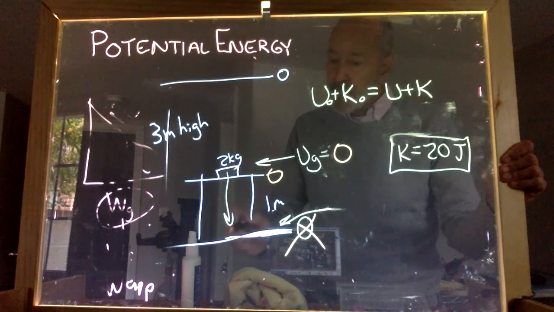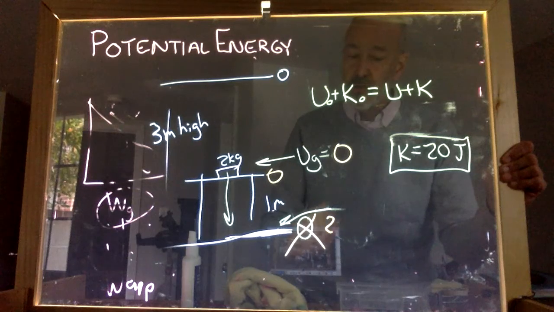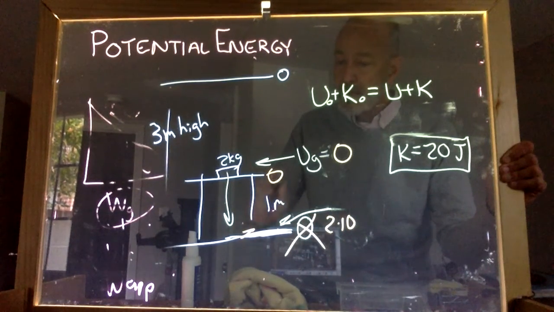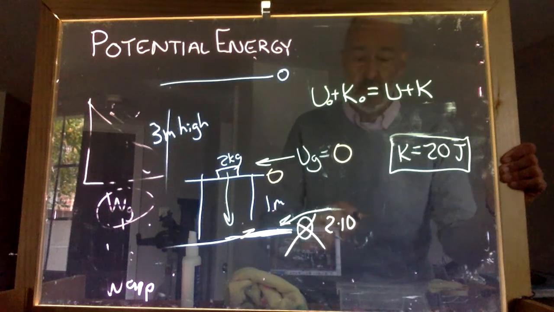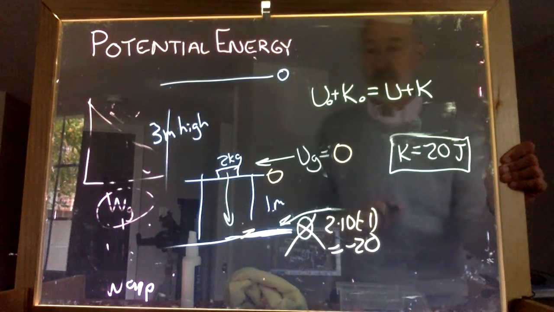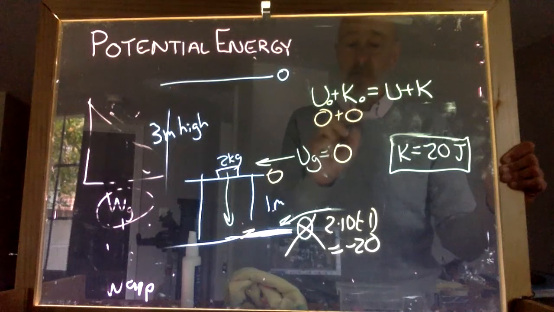When it goes down, it's now got a potential energy of 2 times 10 times -1. It's 1 meter below the 0 reference, so that's -20 joules. So at the beginning it had 0 potential energy, and 0 kinetic energy since it was at rest.